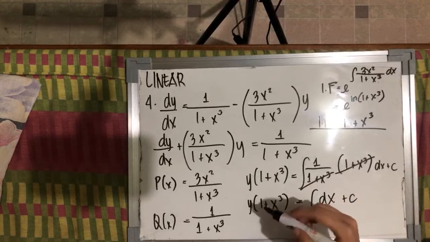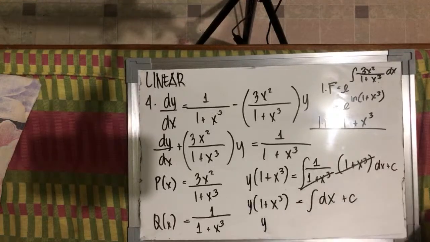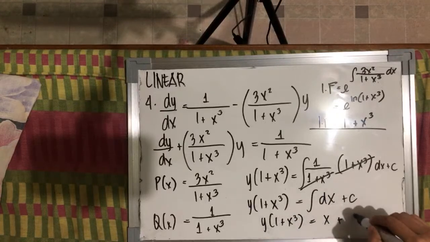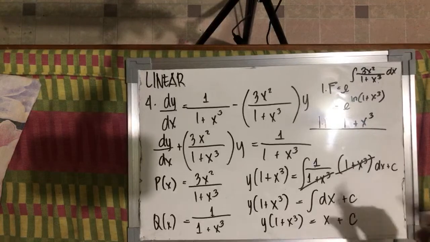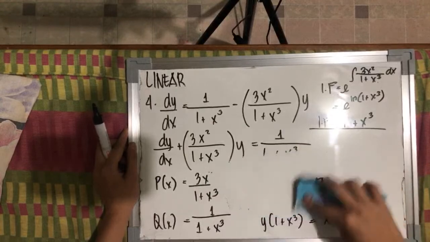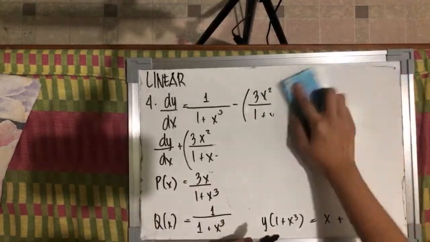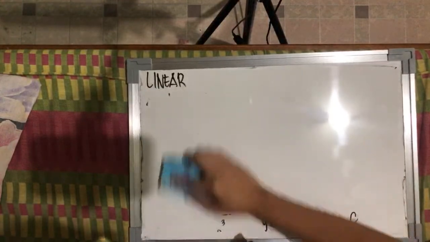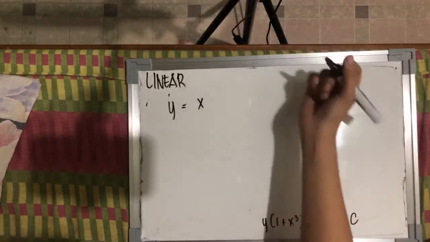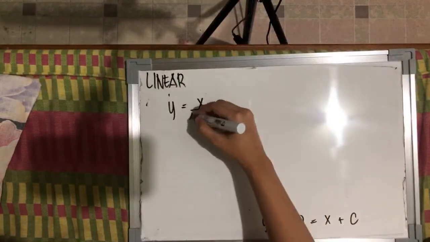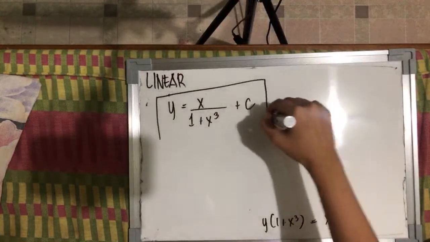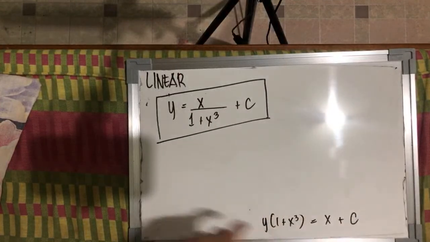So, final answer is y times 1 plus x cubed is x plus c. So, kung gusto niyo namang kunin yung y lang, transpose natin siya. Magiging y is equal to x over 1 plus x cubed plus c. And yun na yung final answer.